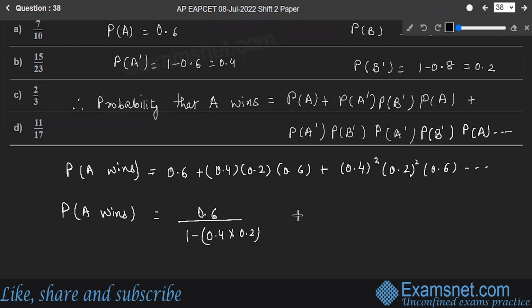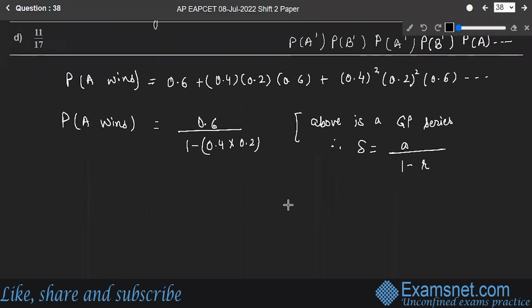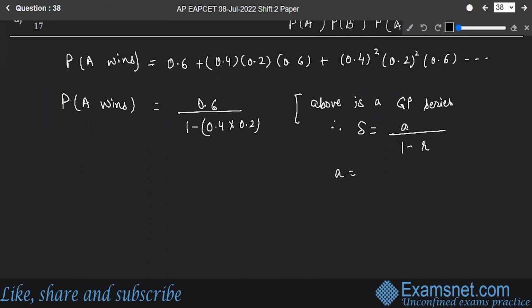Why? Because the above series is a GP series, that is geometric progression series. Therefore, the sum will be given by 0.6 taken outside. This is given by a upon 1 minus r, where r is the common ratio. Here, a is equal to 0.6 and r is equal to 0.4 into 0.2.